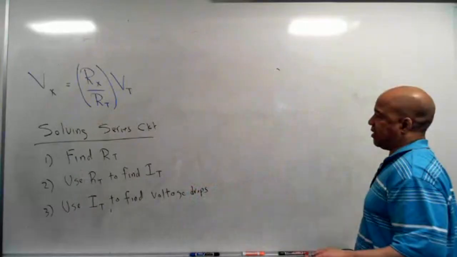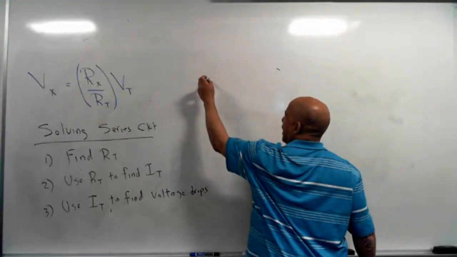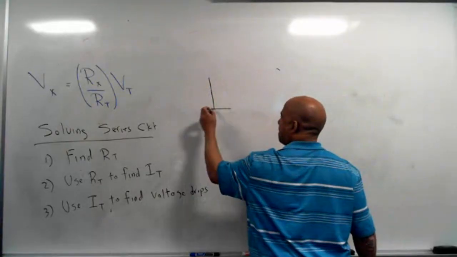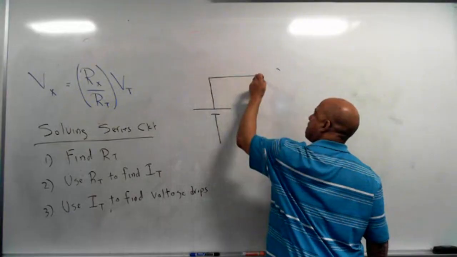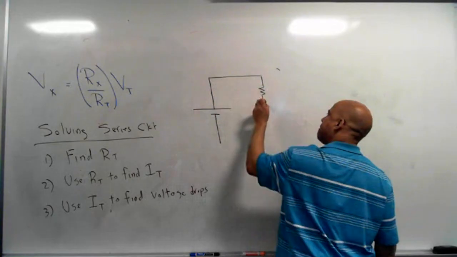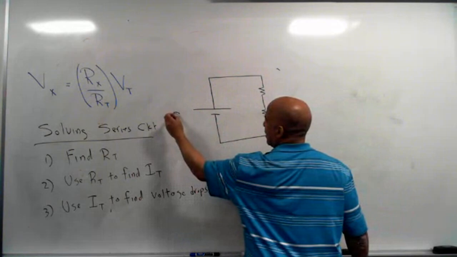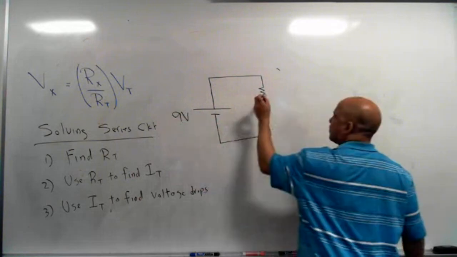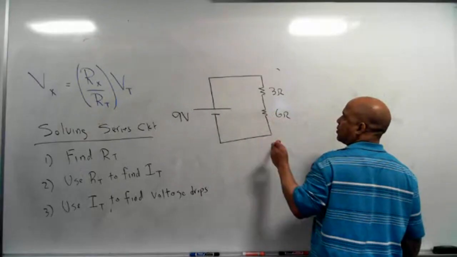So let's just say I have this. I got that. I got 9 volts. I got 3 ohms. I got 6 ohms.